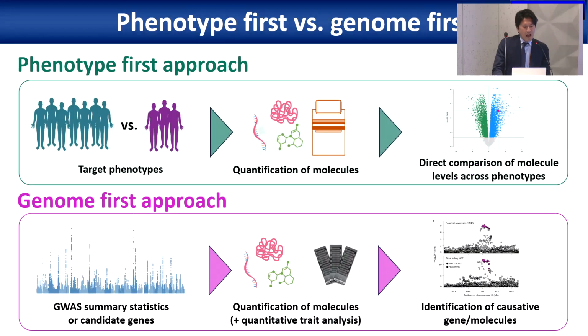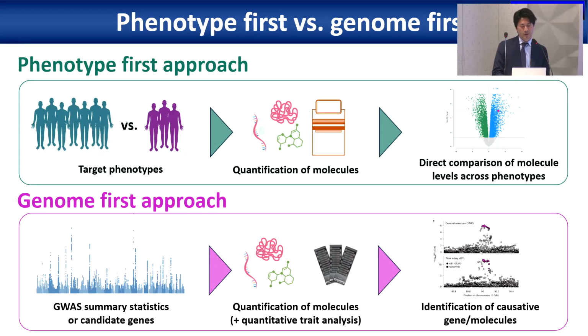In this slide, I illustrated the analytic procedure of multi-omics analysis in each approach. First, in the phenotype-first approach, we quantify molecular levels and compare them between individuals with and without disease.